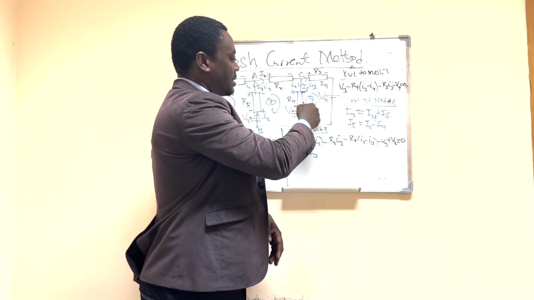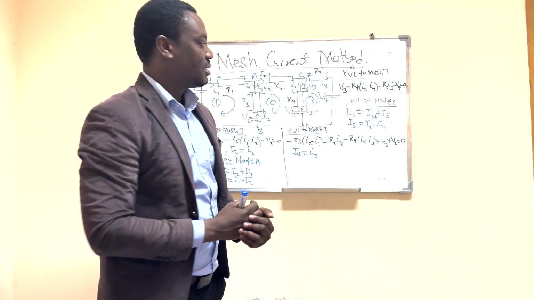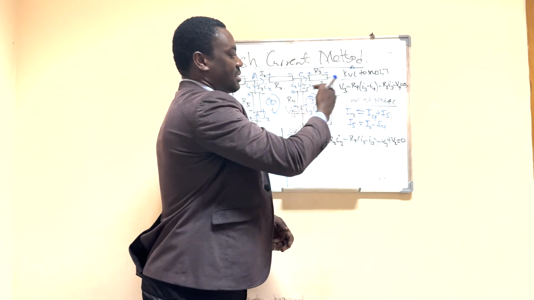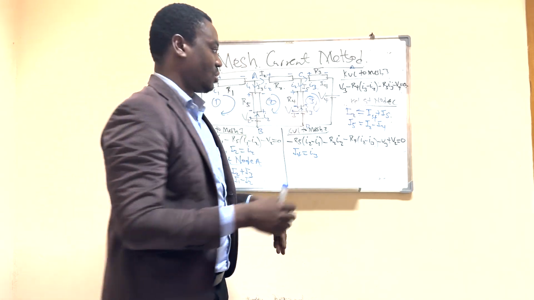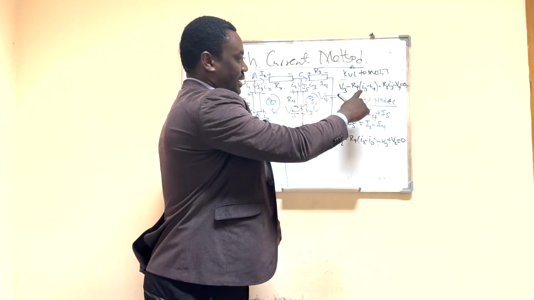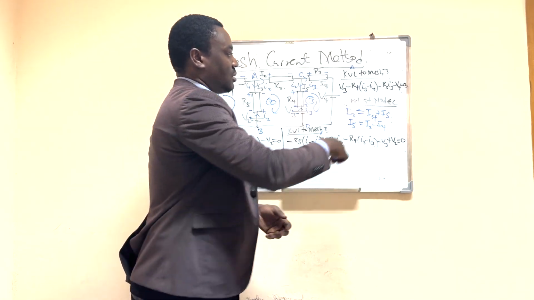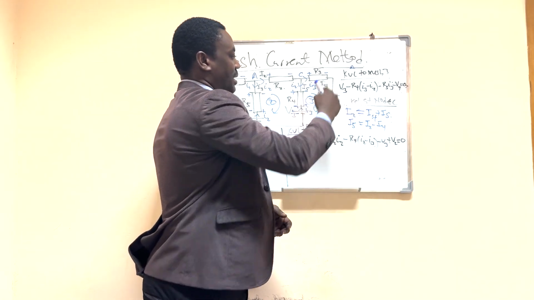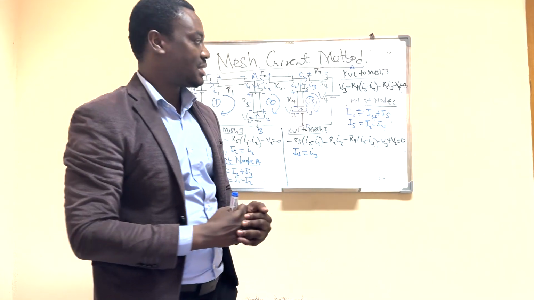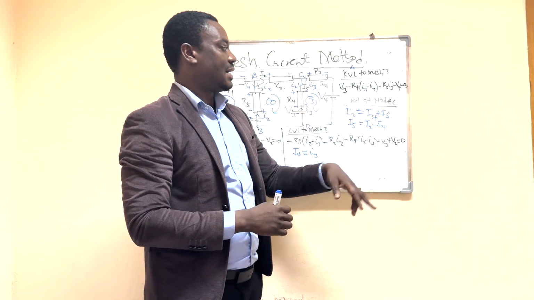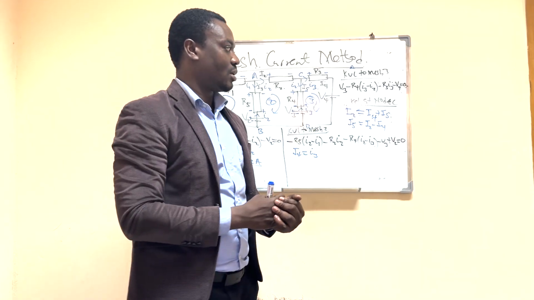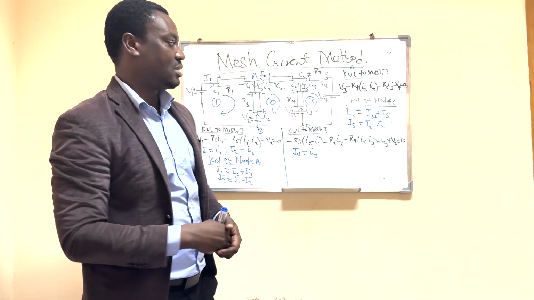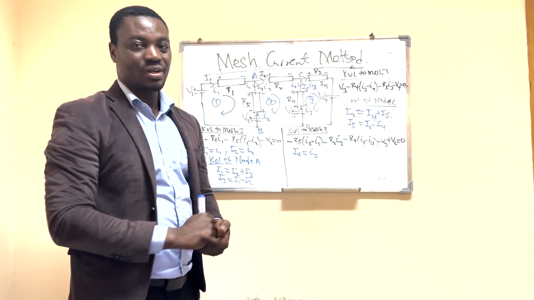We are now in loop 3, so mesh current I3 here is the dominant current. So we have I3 minus I2. Then we come here, plus to minus is a drop. So we have minus R3 times I3. Then here plus to minus becomes a drop. So minus V4 equals to 0. This gives us equation 3.